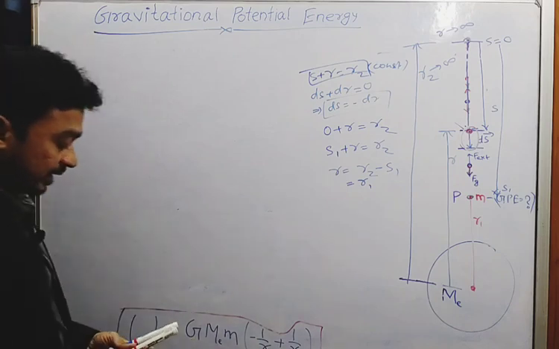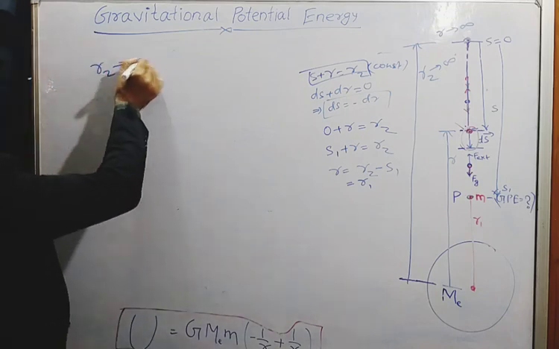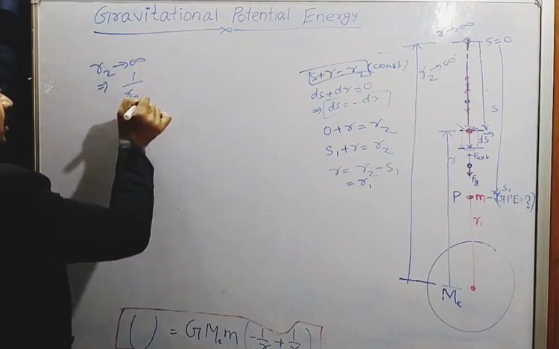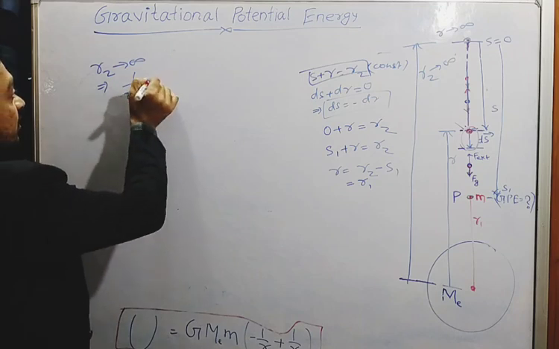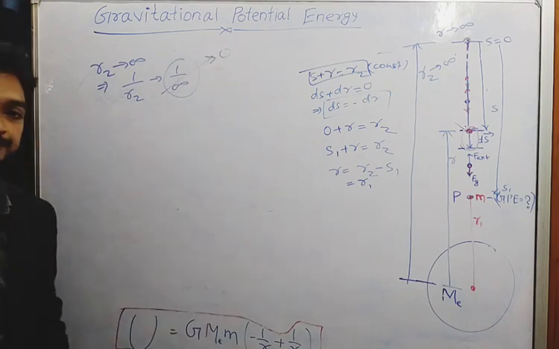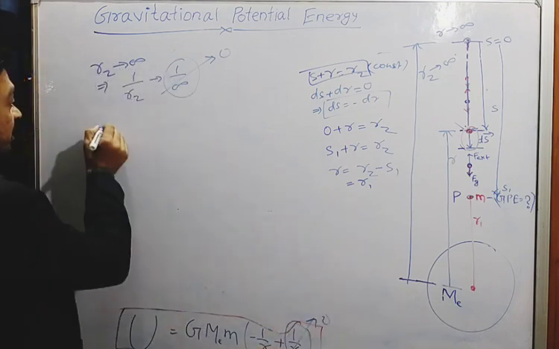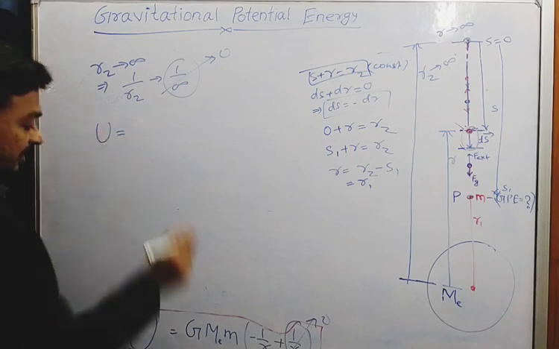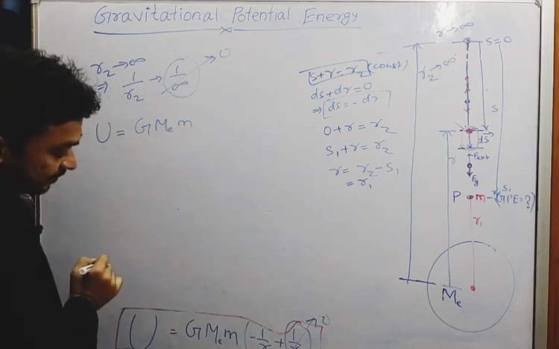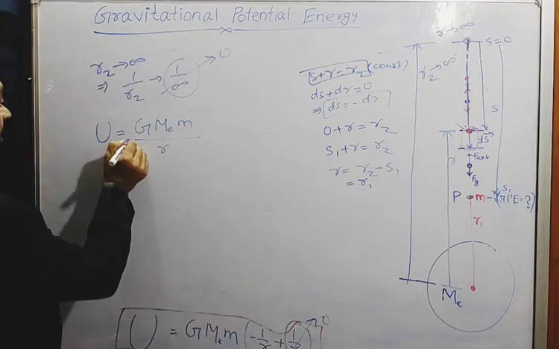Just put R2 tending to infinity, this implies that 1 by R2 will tend to 1 by infinity, and this will tend to 0. This portion will tend to 0, and the potential energy at R1 will be equal to G mass of earth, mass of object, by R with a negative sign.